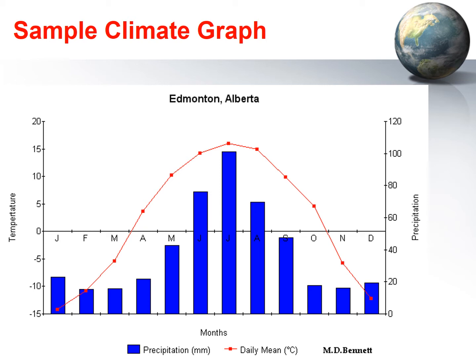You'll notice too that it is only in the months of June, July, and August that you have the best growing season because of the amount of precipitation and the average daytime temperature being over 0 degrees, essentially the freezing level. Everything else tends to be too cold.